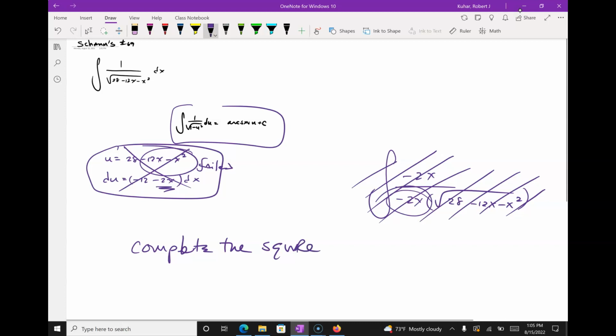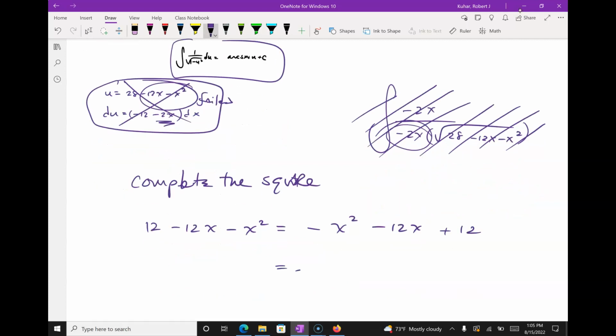So I've got 28 minus 12x minus x squared. Since the beginning of time, we've always taught you to factor with a leading positive coefficient. So I want to get this set up with a positive leading coefficient, so I'm going to factor out the negative 1.